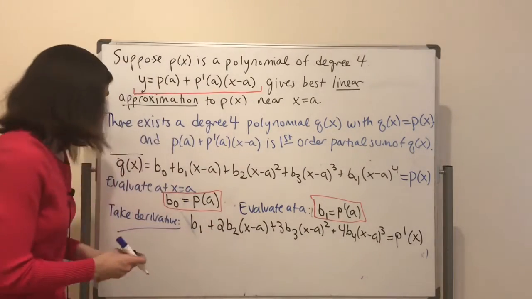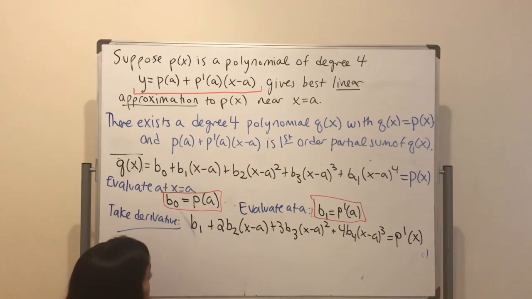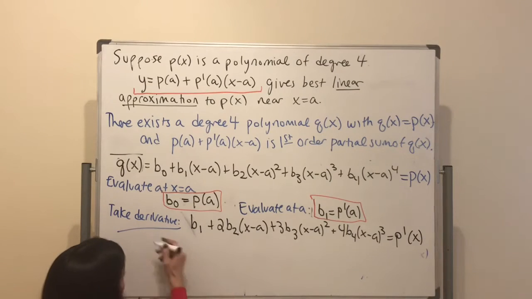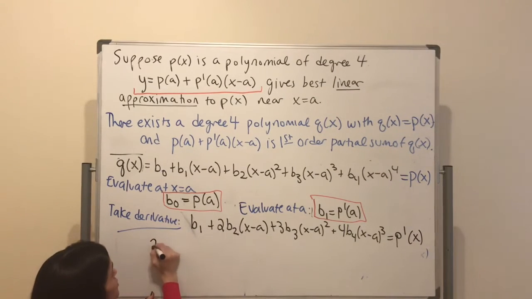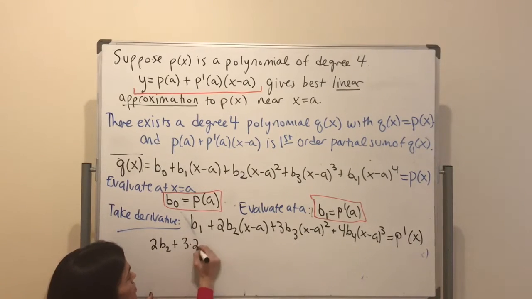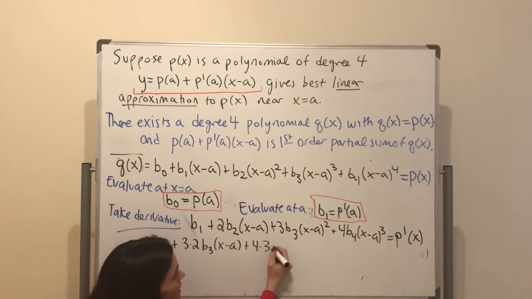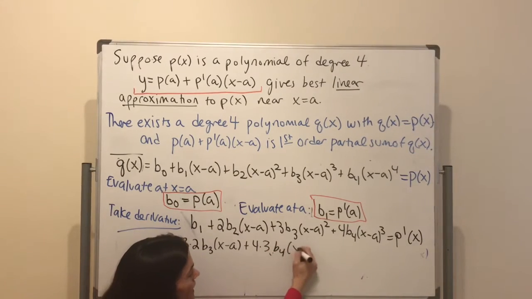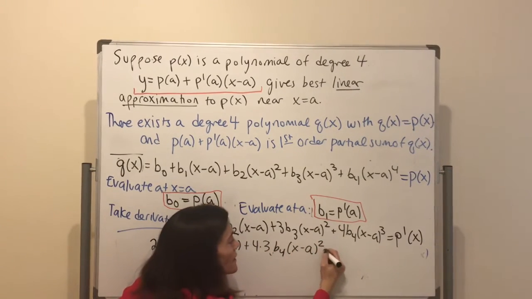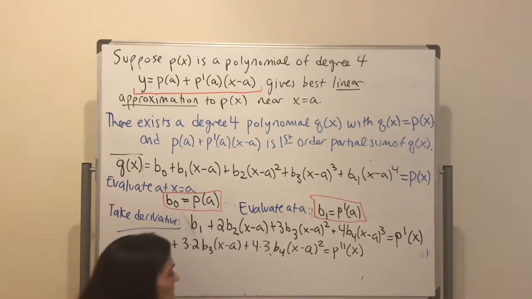Well, guess what? This continues. We're going to take the derivative again. What do we get? We get 2B2 plus, we have a 3 times 2, B3 times x minus A, plus 4 times 3, B4 times x minus A squared. This should be the second derivative of P at x. Okay?